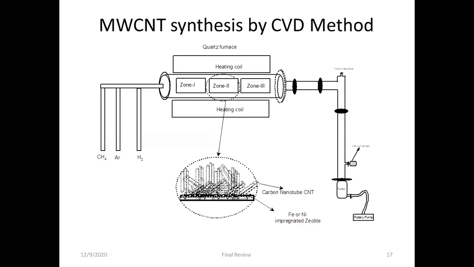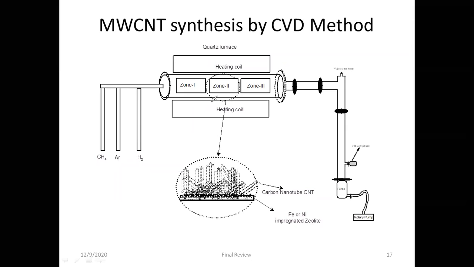In the chemical vapor deposition method, this cylindrical tube you see here is made of quartz, because quartz can withstand high temperature. This is the quartz reactor. It is surrounded by a heating coil. The heating coil may have an energy source, it may be heat energy, or a plasma, or a microwave or any other form.